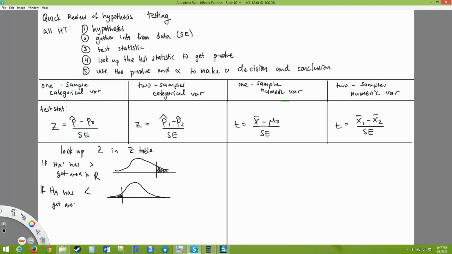And if the alternative has a not equal sign, take the tail area and multiply by 2, okay? A common mistake is they didn't take the tail area and multiply by 2.